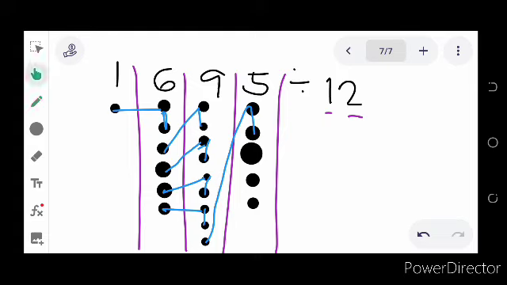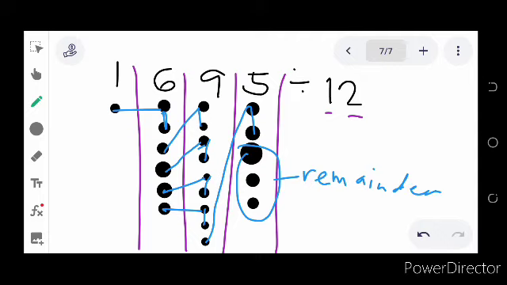Now notice that you are already at the last column. So basically, all the dots that remain unconnected here can no longer be connected using the pattern because you're already at the last column. So these three dots that are left unconnected will be your remainder.